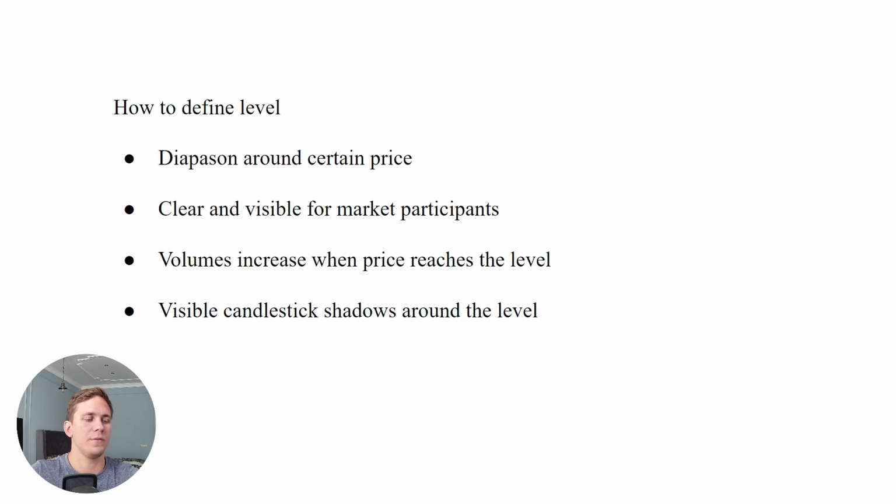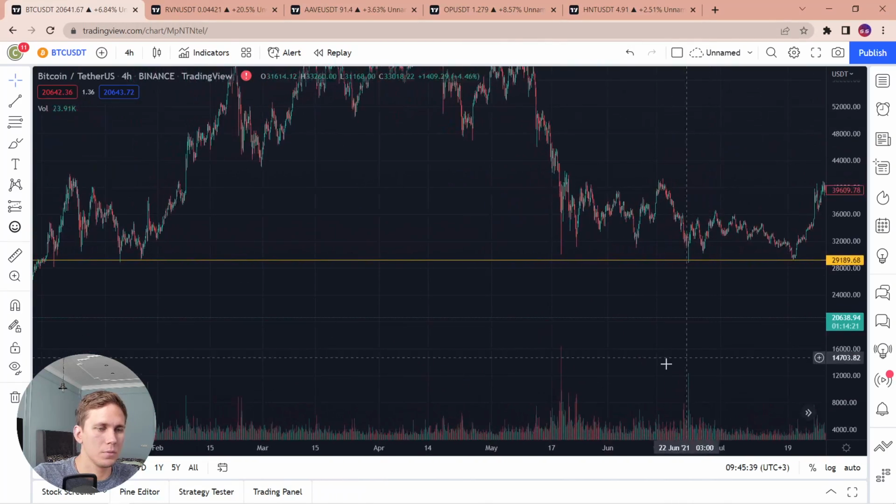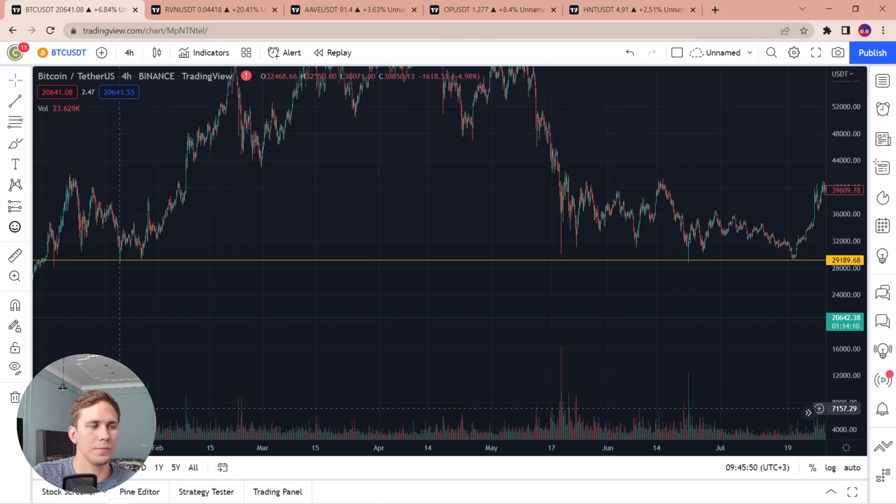Let's see on the graph. Here we see the average volume, and every time the price touches the level, we see higher than average volume. Here and here. Here we see high volume.